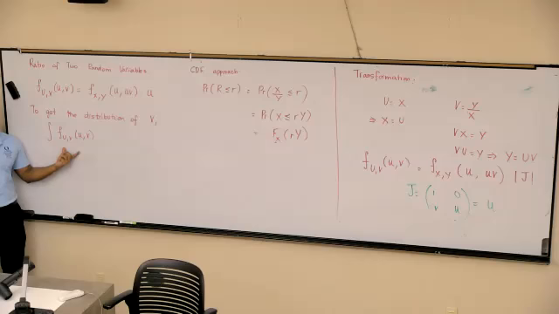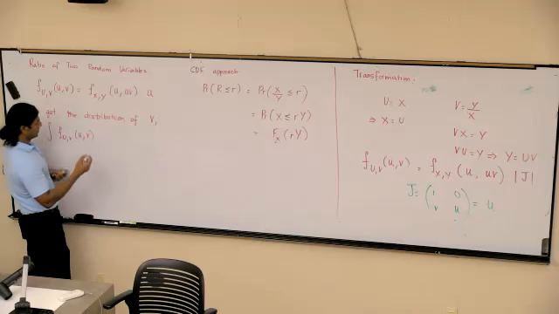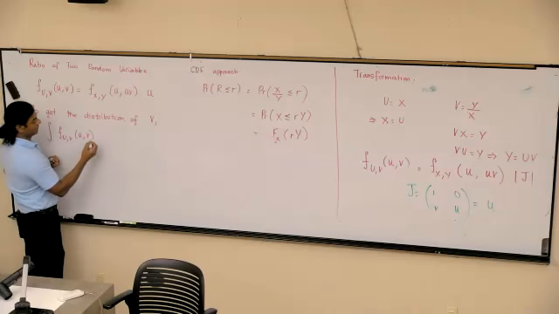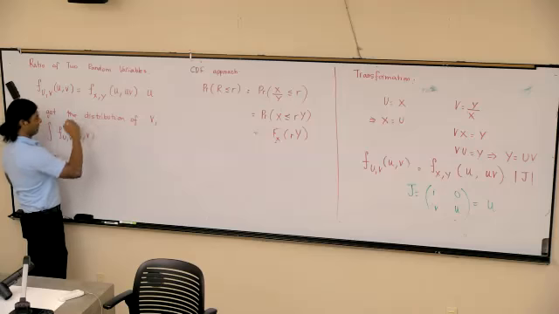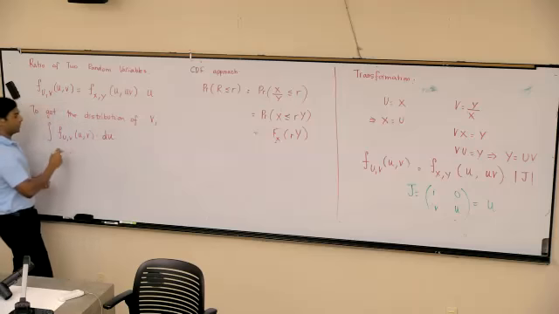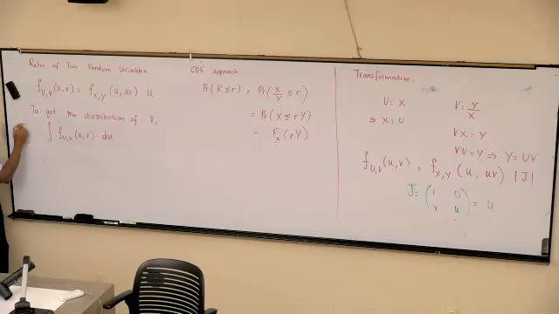We integrate with respect to u, because we're trying to sum out the u. We're trying to get rid of the u and have the v.